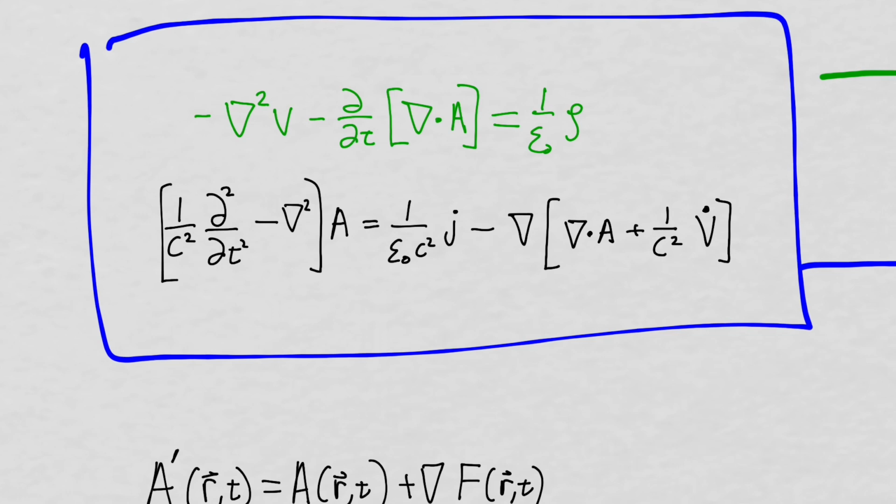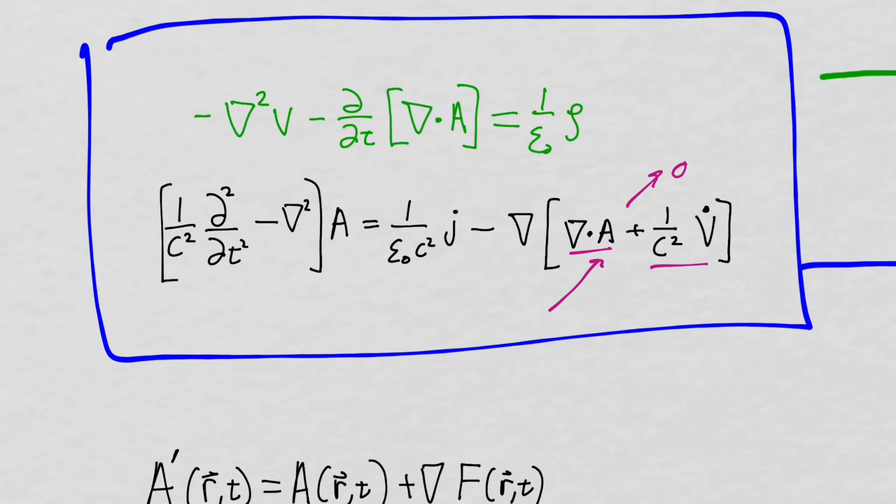Can I use the ambiguity of A and V to make this term go to 0, right? Can I make the divergence of the vector potential plus 1 over c squared times the time derivative of the scalar potential go to 0?